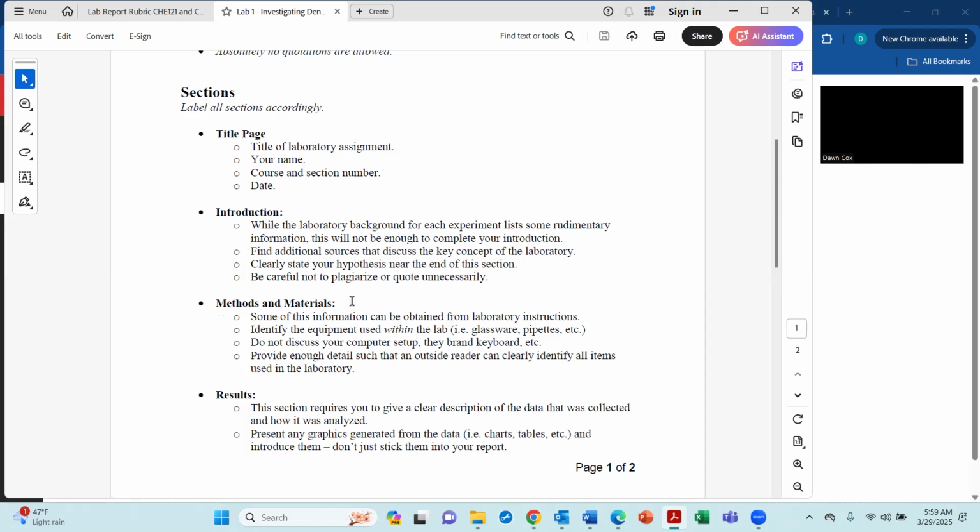I know how tempting it is to just copy and paste the procedure here, but remember, this is going through Turnitin. And if it goes through Turnitin and you include that copy and pasting, you're going to get a big time ding for that. And I expect a Turnitin value of 35 or less.